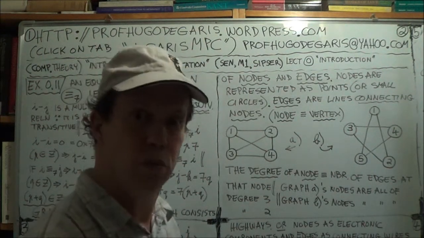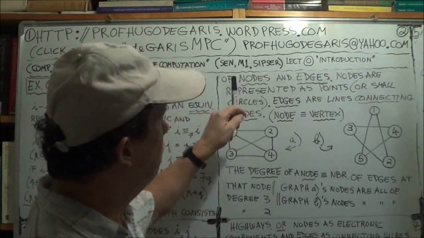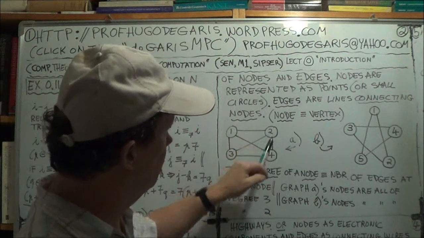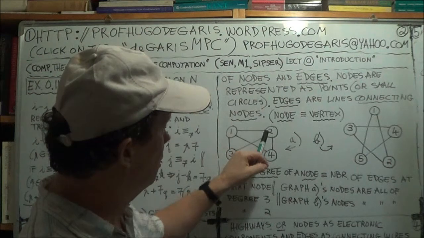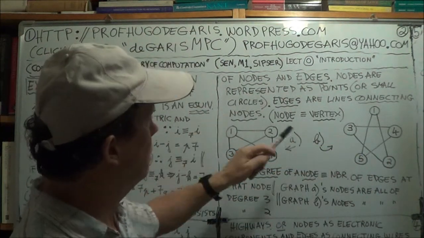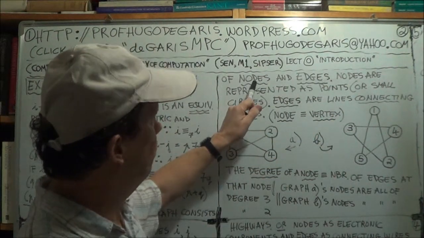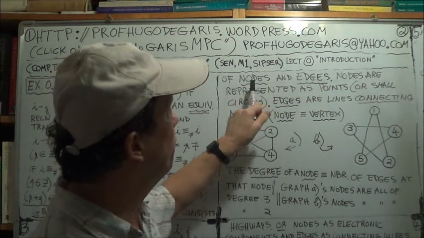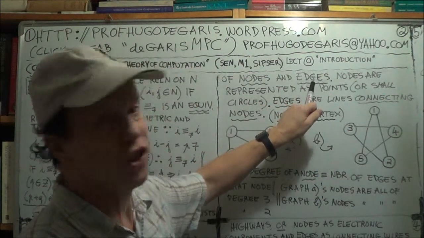In fact, they get two. The dots, or little circles, are called nodes, and the lines connecting them are called edges.